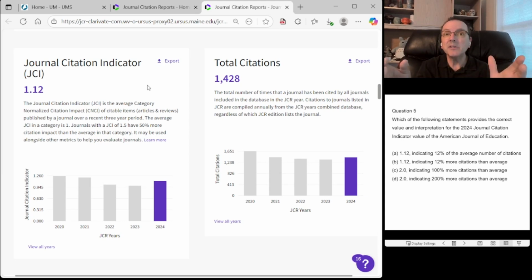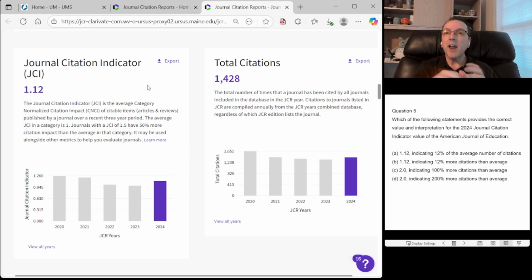And a 0.5 would say that you've got half as many, 50% of the number of citations for your discipline over that 3-year period. Okay. So I think you'll see this used more and more because, again, it adjusts for different discipline patterns. So it's good to know what this is and how to interpret it in terms of, is this journal having a big impact or not?